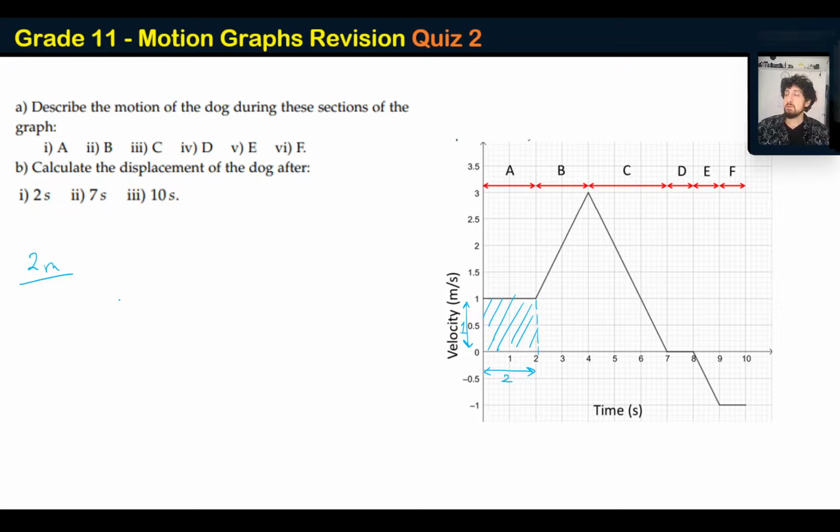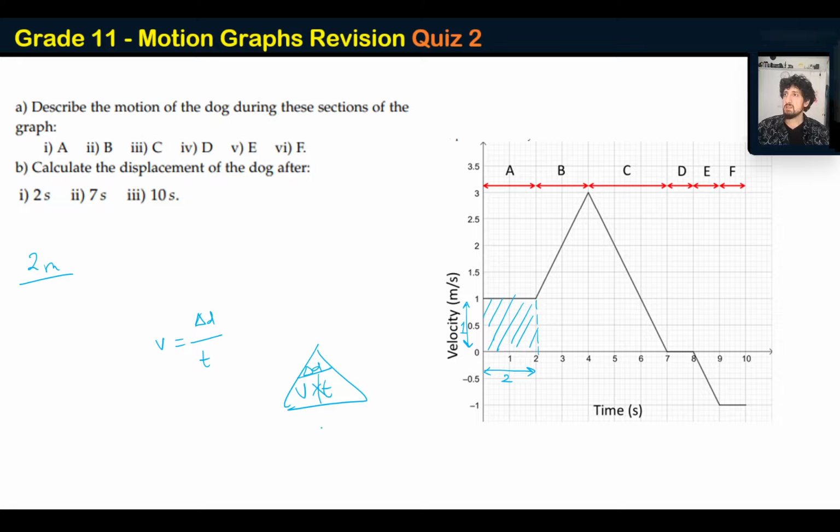That's the displacement. Now you might be wondering, why is it meters and how do I work out the units? Now remember, velocity equals displacement over time. So if I put that in a triangle, this is what it looks like. Velocity, displacement, time. So if I want the displacement, all I have to do is multiply velocity by time.